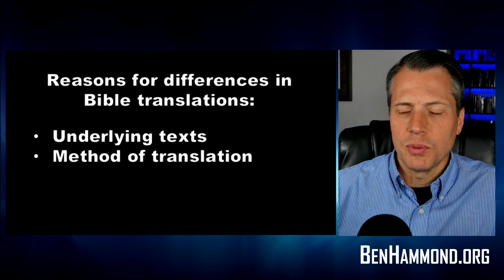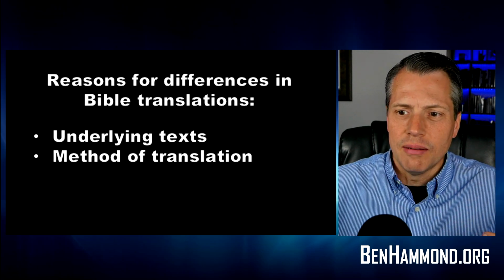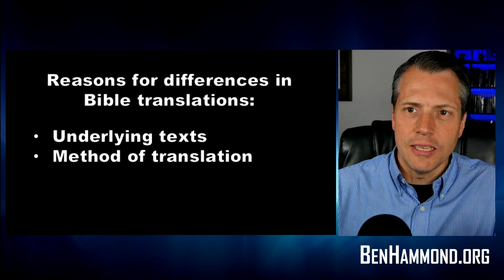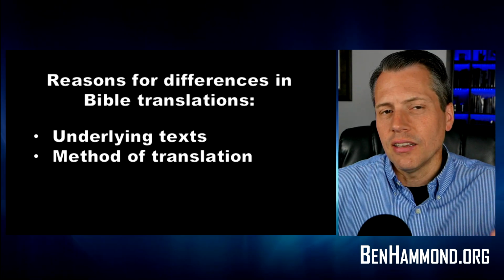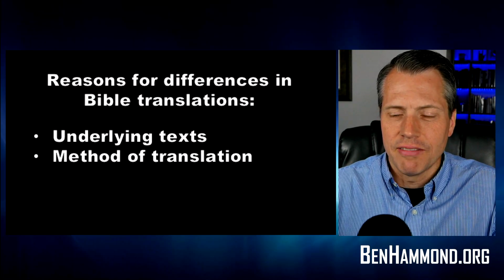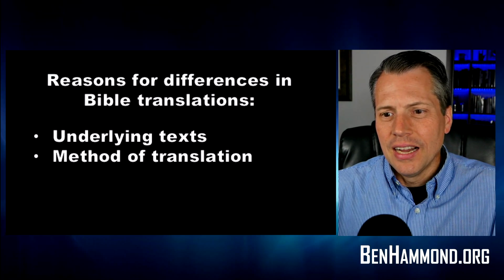So in the previous videos, we talked about the biblical text, the underlying text. How did the Bible actually come to us? We discussed the Masoretic text of the Old Testament, which people aren't arguing about so much, but it's the New Testament where you really have the knock down, drag out fights, right?